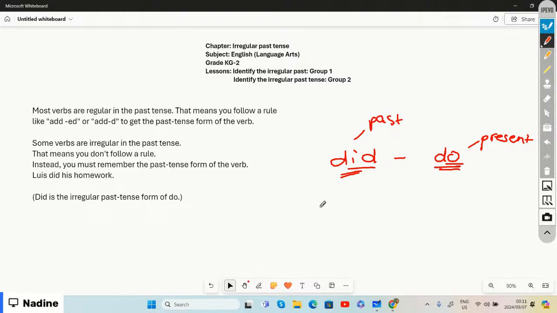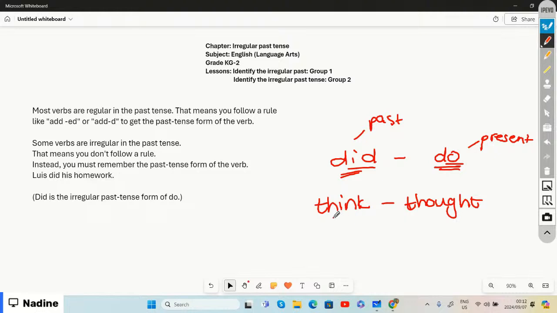It's the same as saying think. Think is something that we're doing now. I'm thinking about the answer, I'm thinking about what to say to you, I'm thinking about my response. But if we want to look at the past tense form of the word think, then the past tense form of the word think is thought.